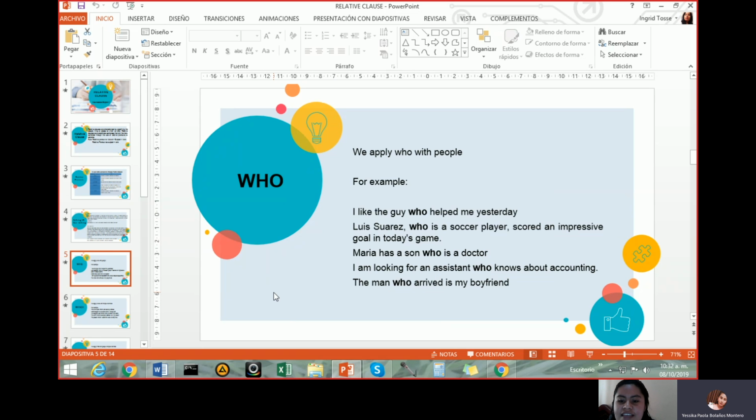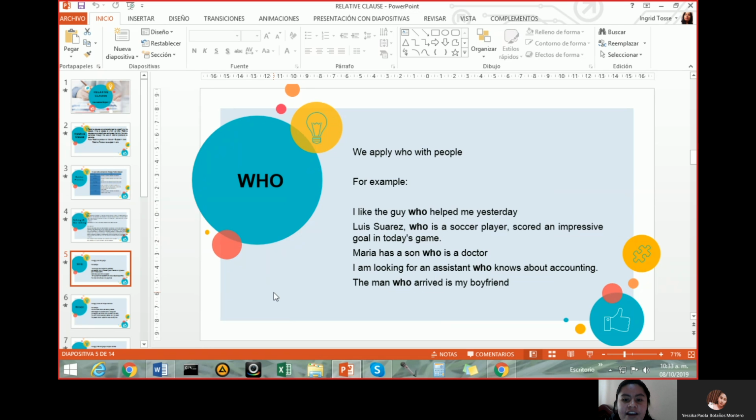Okay, perfect. Now with the second: Luis Suárez, quien es un jugador, marcó un gol impresionante en el juego de hoy. Okay, in this case, the word is "marcó."